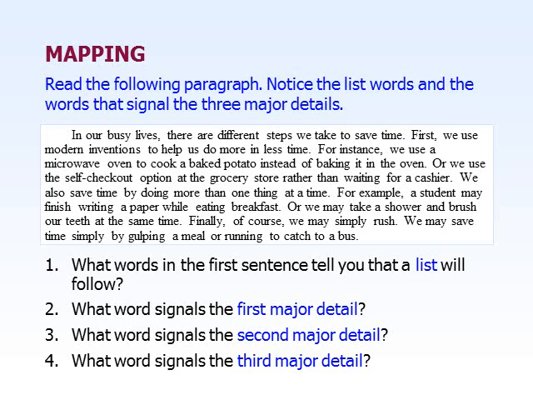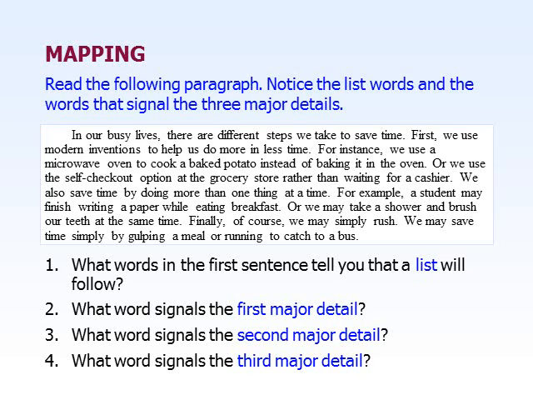We also save time by doing more than one thing at a time. For example, a student may finish writing a paper while eating breakfast, or we may take a shower and brush our teeth at the same time. Finally, of course, we may simply rush. We may save time simply by gulping a meal or running to catch a bus.